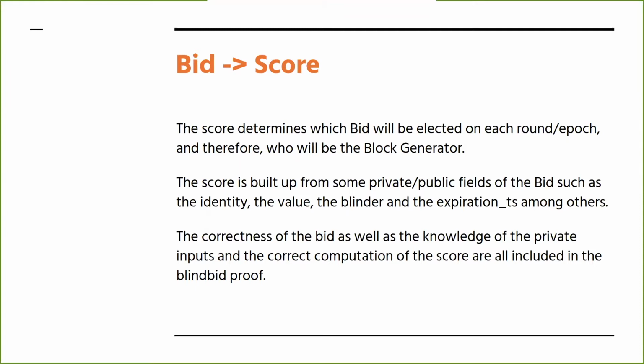And when we analyze all of these results, we can set a logic that says, for example, the biggest one is the one who will be responsible for being the block generator during the next round or the next epoch. And that's why we call it a lottery, to put it in some way. The correctness of the bit, as well as the knowledge of the inputs and some other stuff, are all included in the blind bit proof, which is the main focus of this demo, and we will be showing it later.